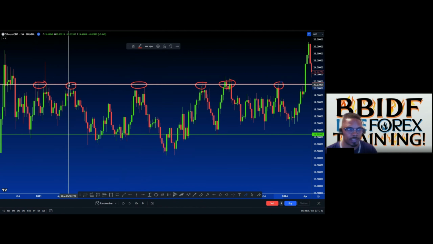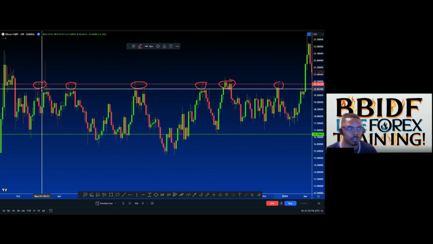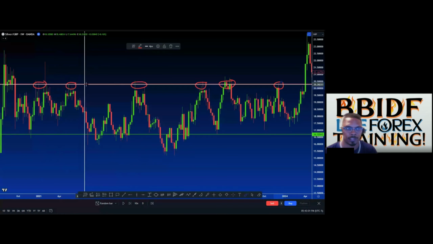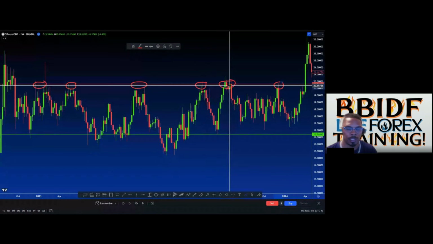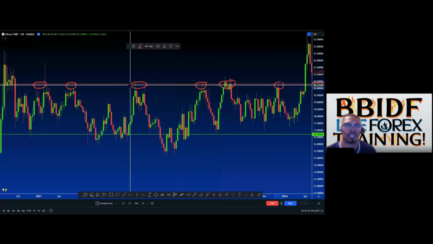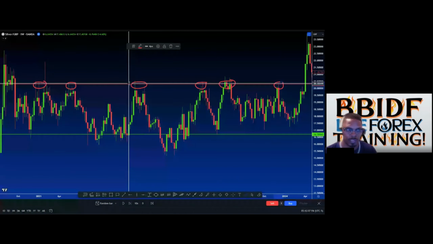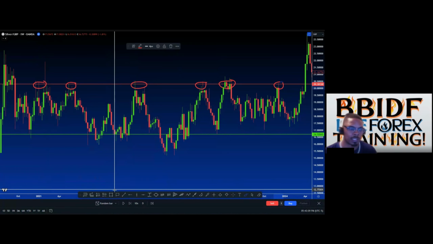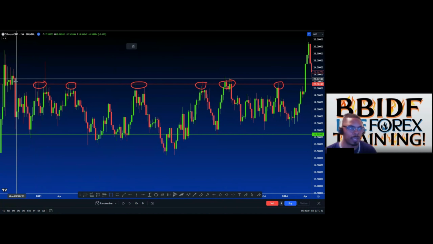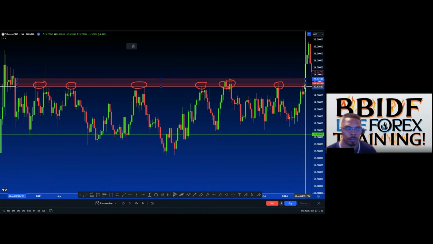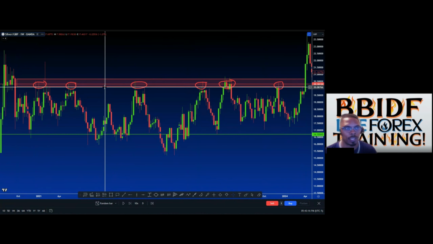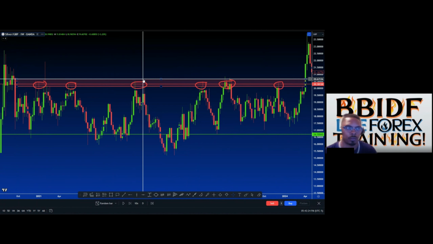So that's resistance. If you notice with resistance, all the candles are staying below resistance. And that's what makes it resistance, because the candles are below that line. A lot of times we also draw it as zones. When you're starting to understand, you might ask, why would I draw this as a zone instead of just a line?